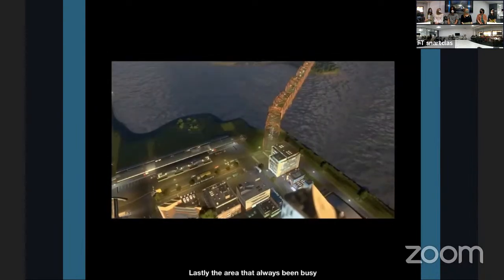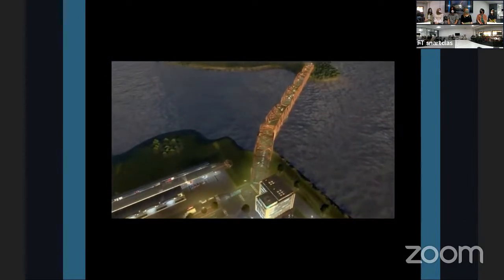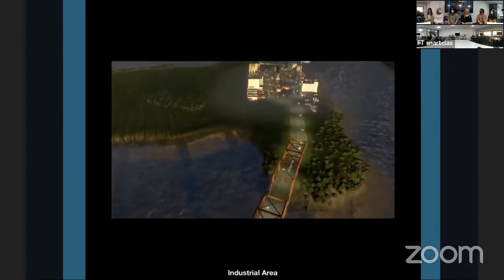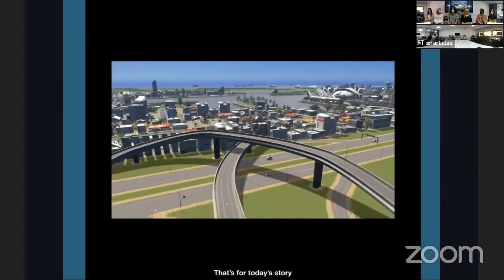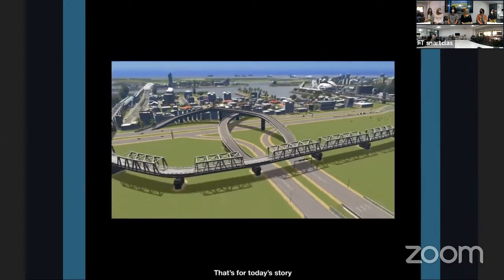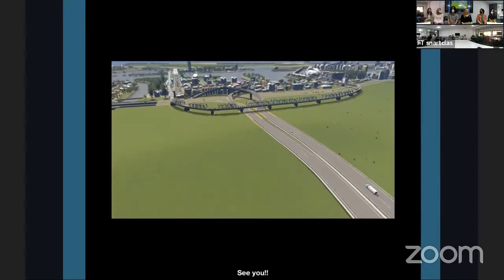Lastly, the area that is always busy, the industrial area. That's for today's survey. See you.